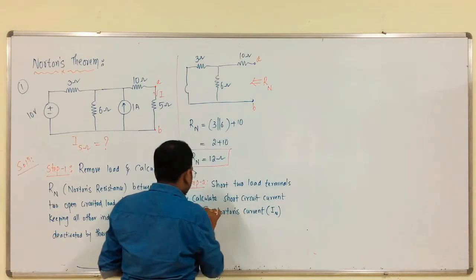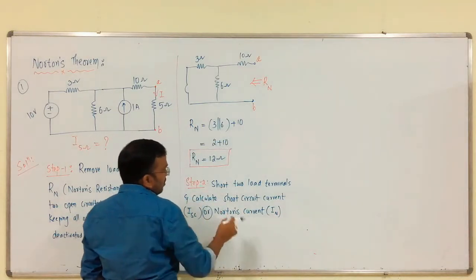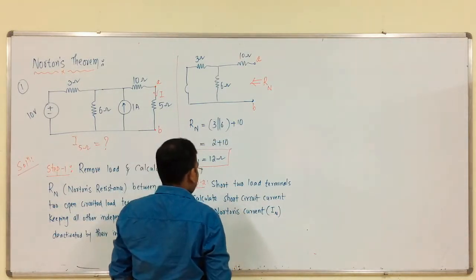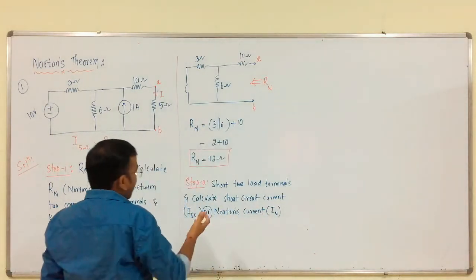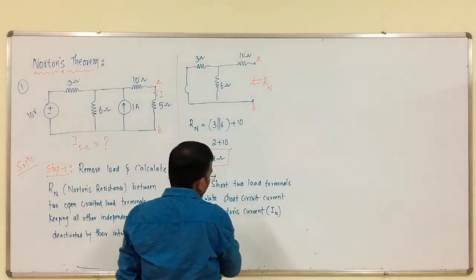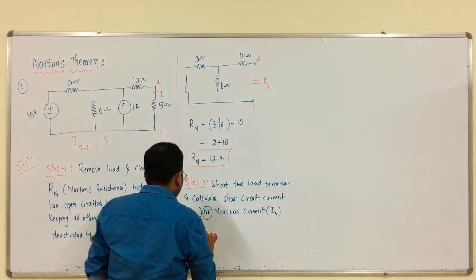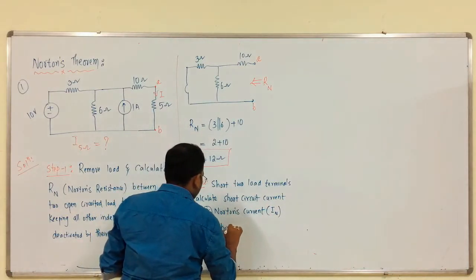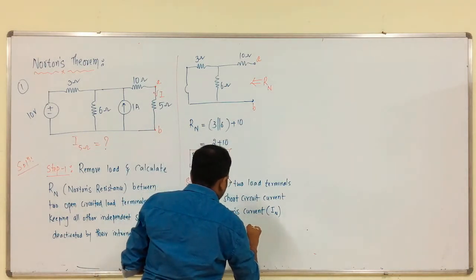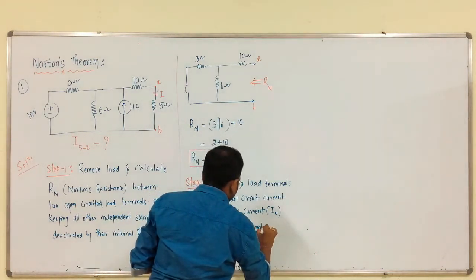It can be called short circuit current or Norton's current. Short the two load terminals and calculate the short circuit current or Norton's current through the shorted terminals. That is it.